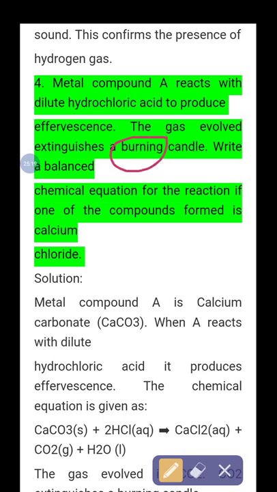One of the compounds formed is calcium chloride. Here the clue is that calcium chloride is formed, and another clue is that the gas evolved extinguishes a burning candle.